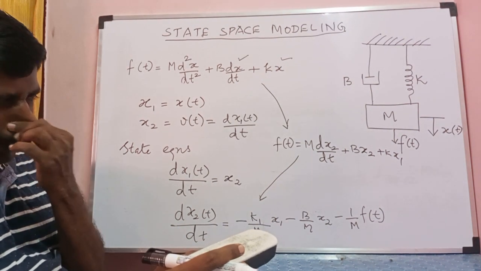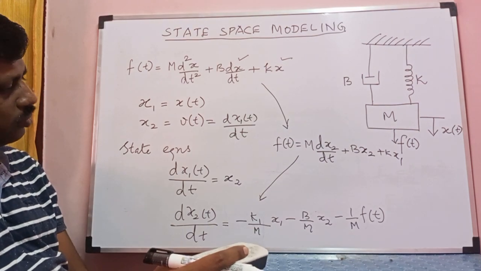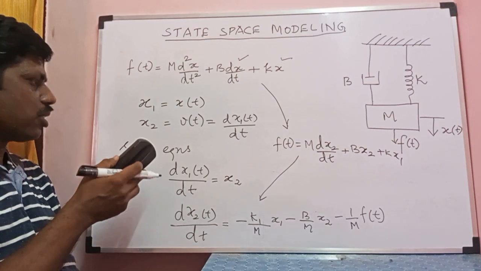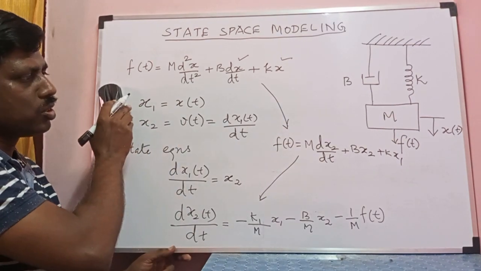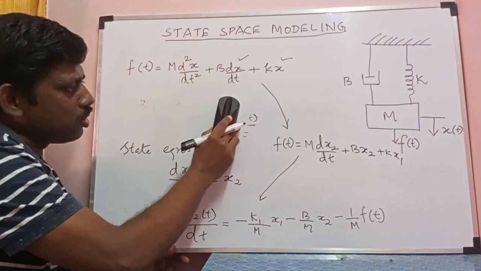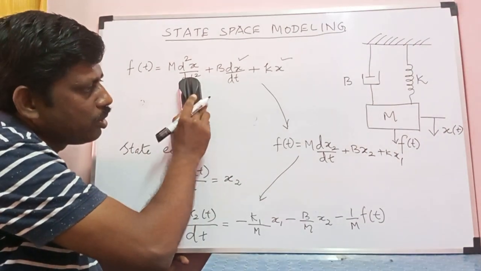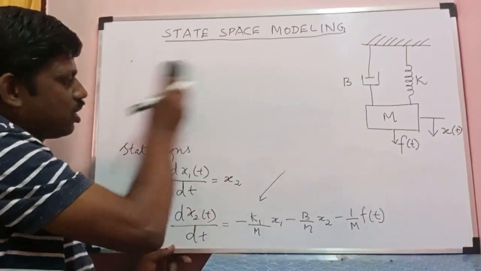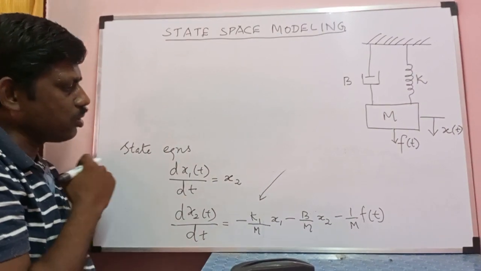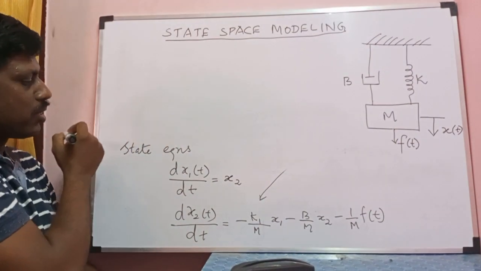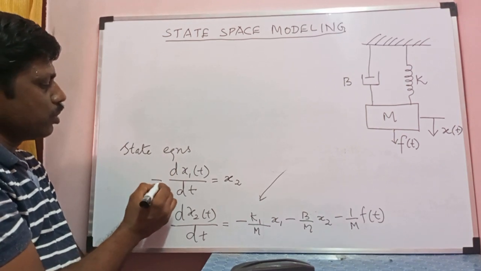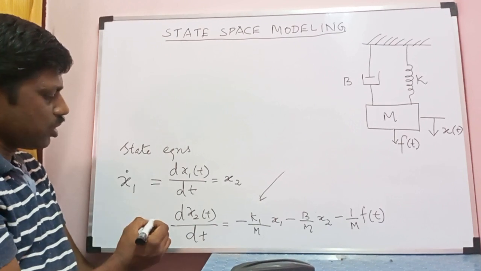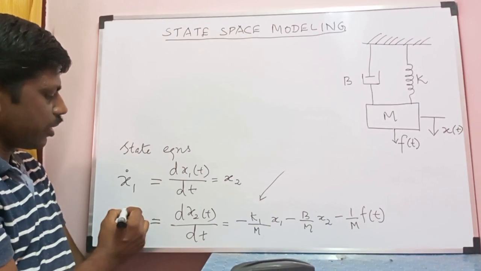Is it okay if I write this state equation in a matrix form? I think I can very well write these state equations in a matrix form. So I'll remove these lines which may not be necessary now. From these state equations, I'm going to get a matrix equation. Here I will put dx1 of t by dt as x1 dot for the sake of simplicity, and this is x2 dot.